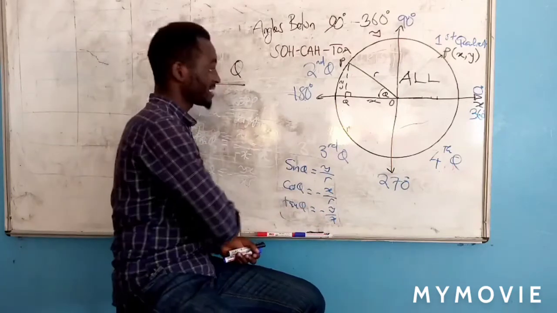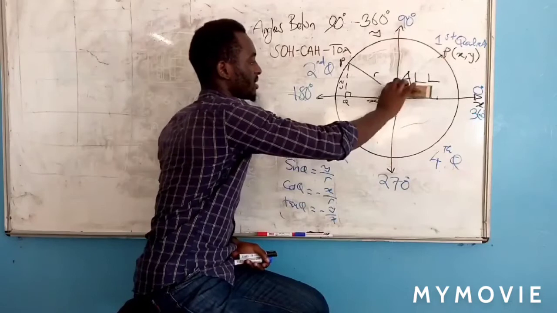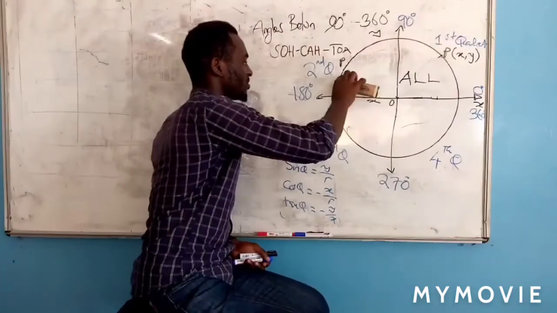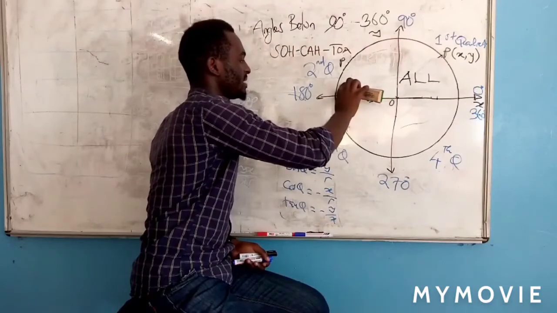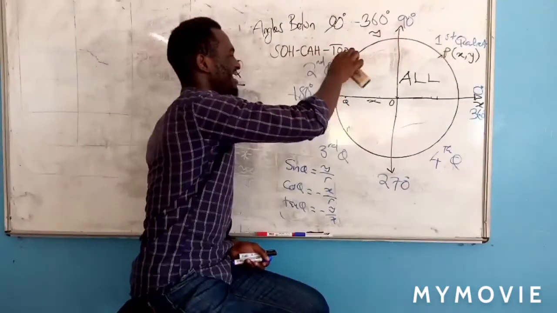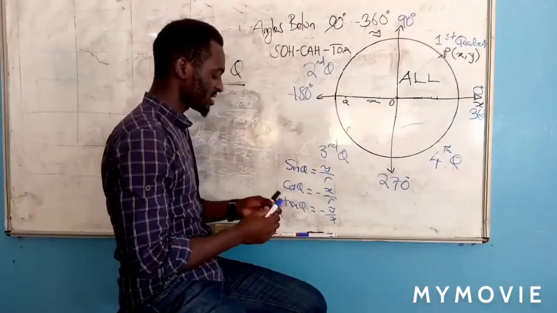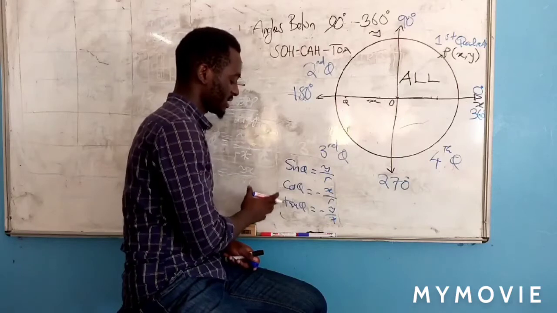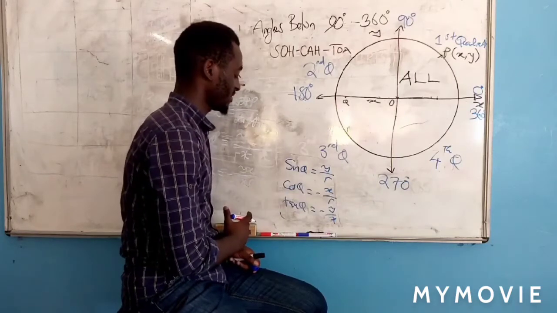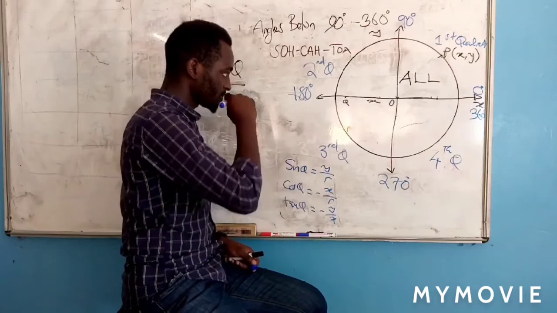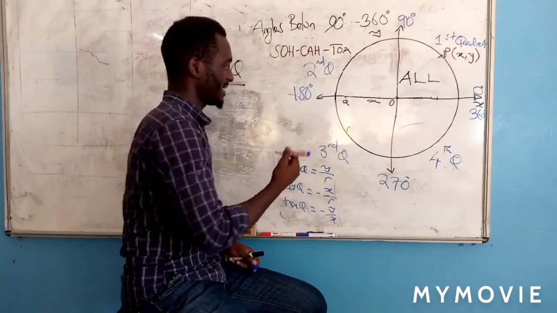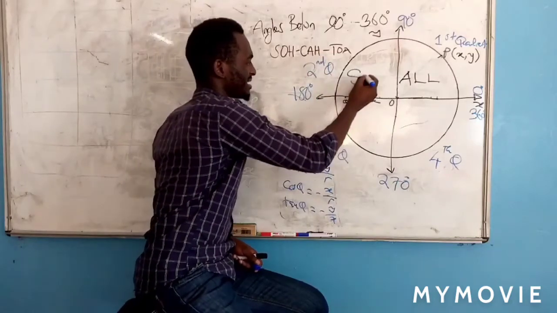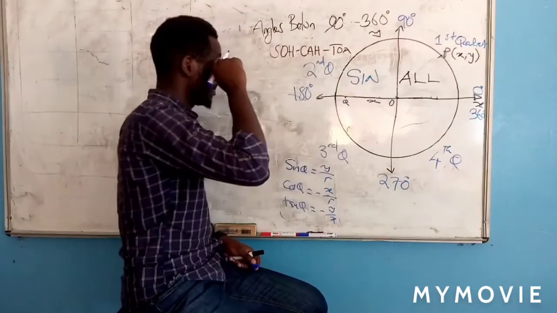So every time you are calculating angles between 90 degrees and 180 degrees, when you use sine, it will give you a positive, and when you use cos and tangent, it will give you a negative. So in conclusion, in the second quadrant, it's only sine that turns out to be positive.